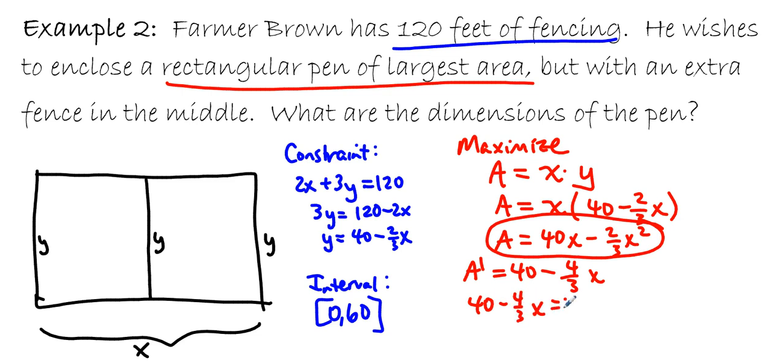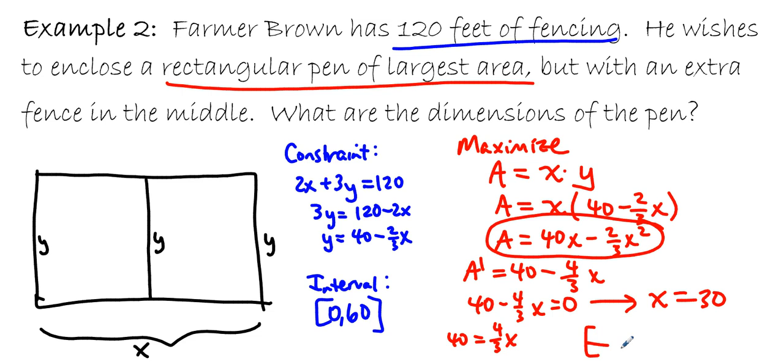So the question is, when is that 0? Well, algebra. Ooh, algebra. 40 equals 4/3 x. X is 30? X is 30.